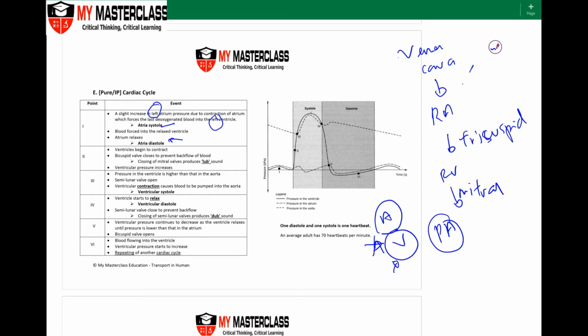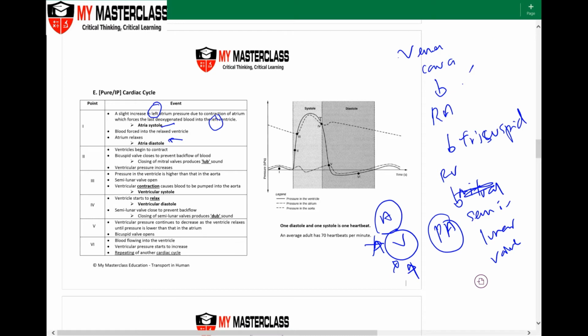When it pumps the blood into the pulmonary artery, I'm sorry, this one is the semilunar valve. The semilunar valve is open, so blood gushes through the semilunar valve into the pulmonary artery. Right after the blood of the ventricles is pumped out, the ventricle walls will start to relax, resulting in a decrease in ventricular pressure. Follow?